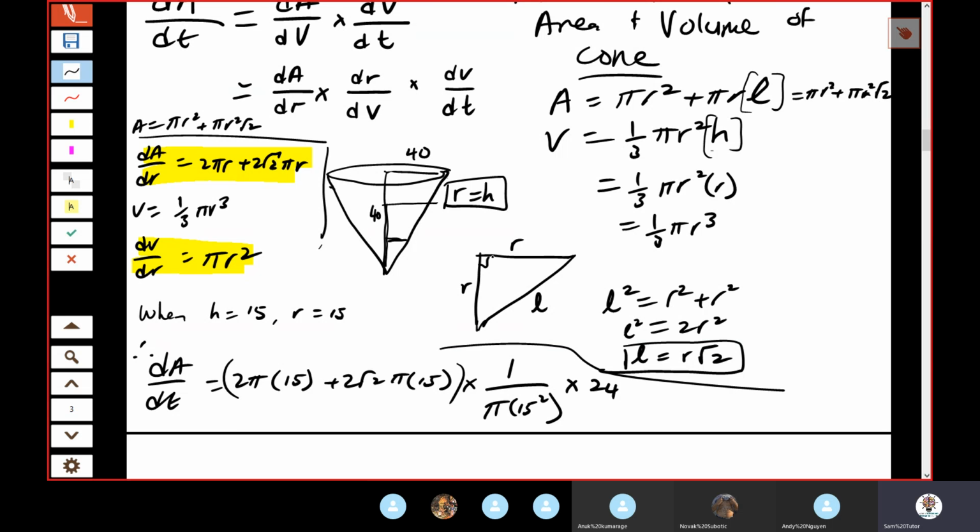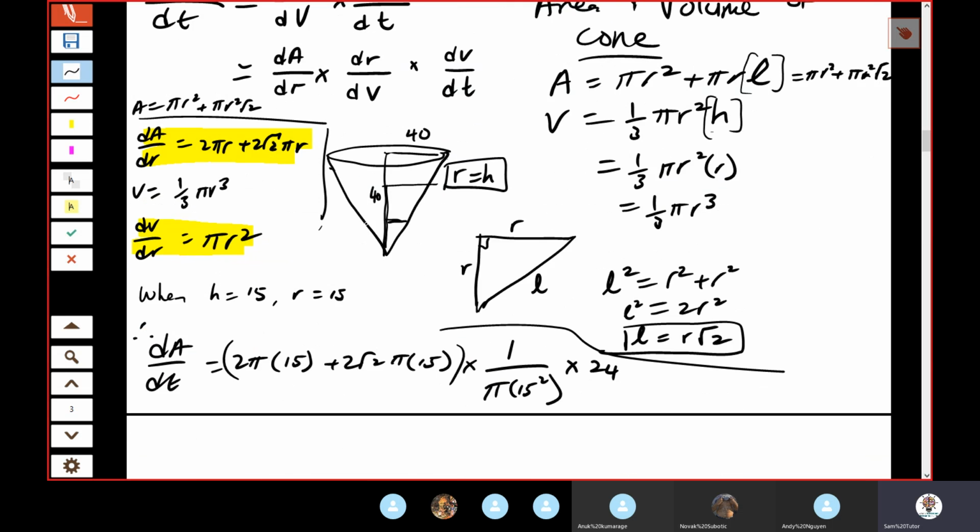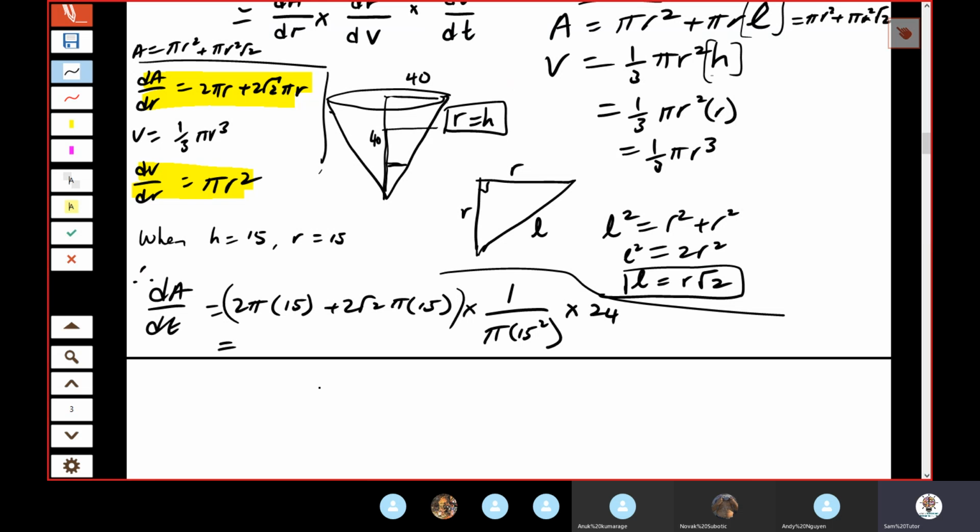Whoa, that's a serious question, right? What is the rate of increase? It doesn't say exact, so you can plug it all into your calculator and get an answer. But I'm pretty sure I made this so that it works out nicely, but you can just plug it into your calculator anyways.